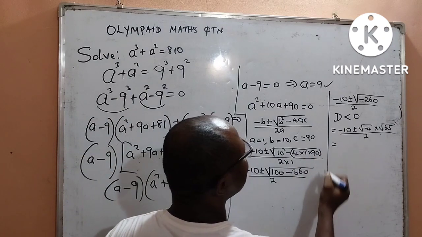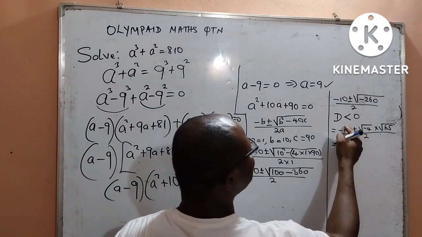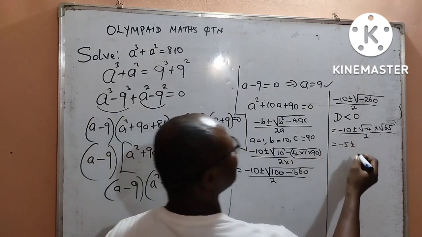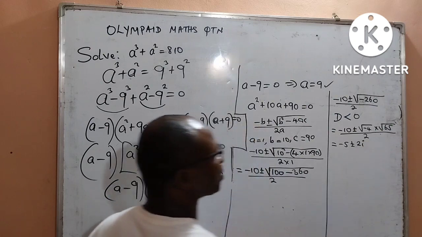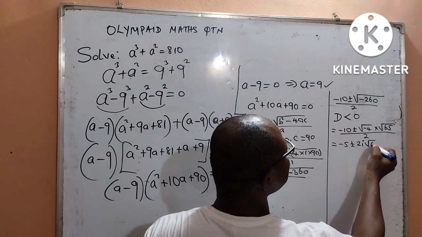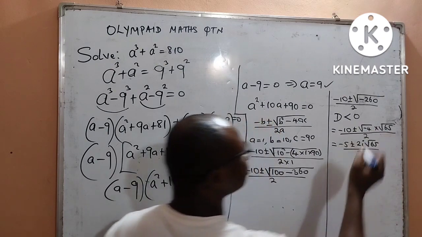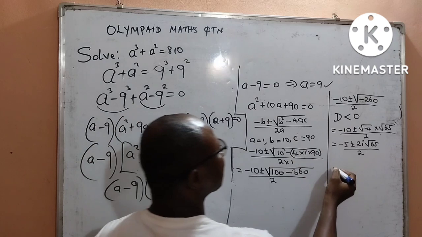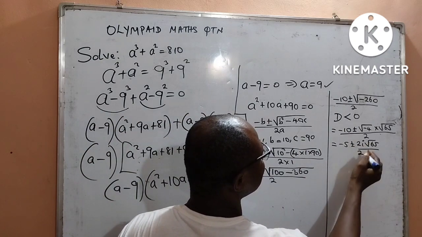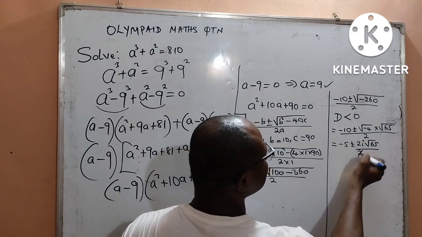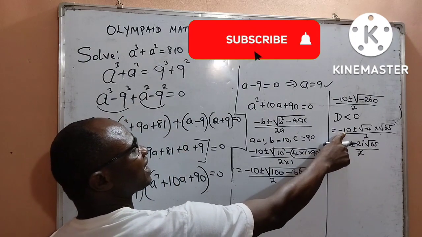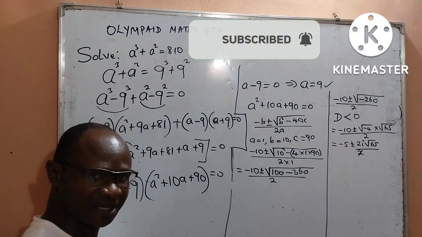Therefore, I shall now have 2 dividing minus 10 will give me minus 5 plus or minus the square root of negative 4, which will give me 2i because it is a complex number, then square root of 65 all over 2. So for my final answer, this 2 is only dividing the values after the plus and minus because I have divided my negative 10 to get negative 5.